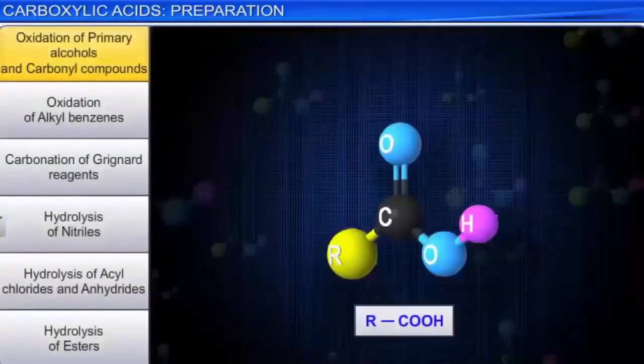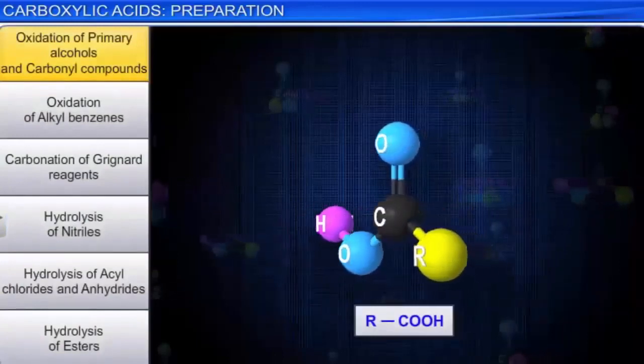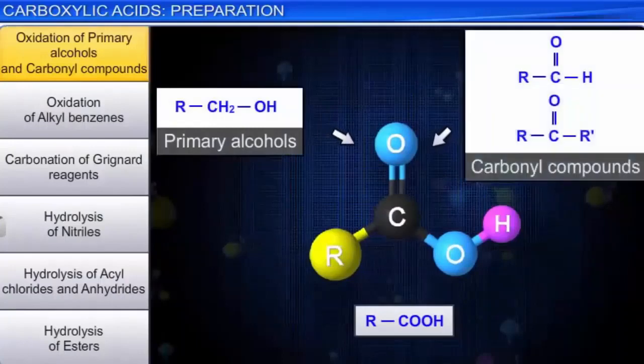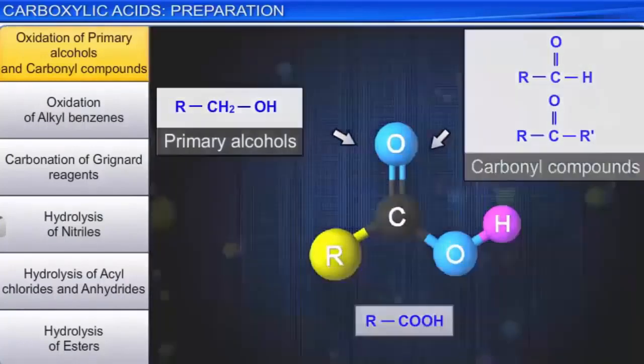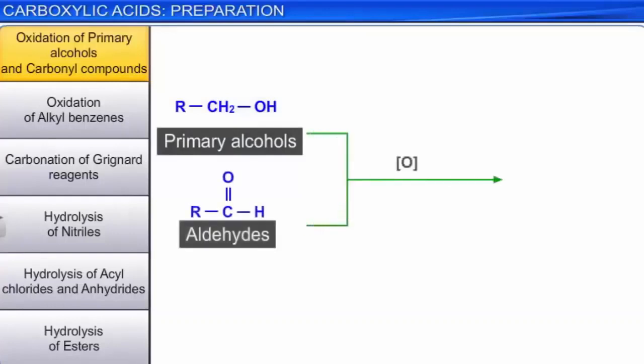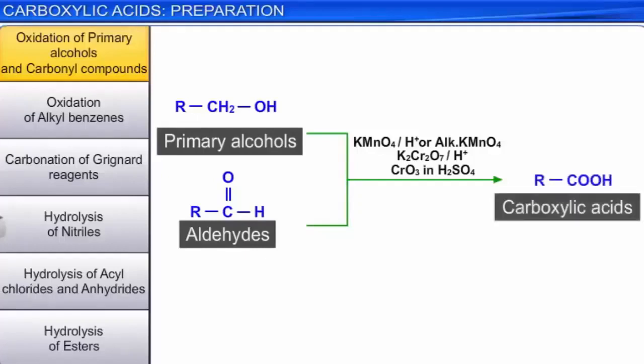Let us see how carboxylic acids can be prepared from primary alcohols and carbonyl compounds. Primary alcohols or aldehydes, on oxidation with oxidizing agents such as acidified or alkaline potassium permanganate, acidified potassium dichromate, or chromium trioxide in sulfuric acid, give carboxylic acids with the same number of carbon atoms.